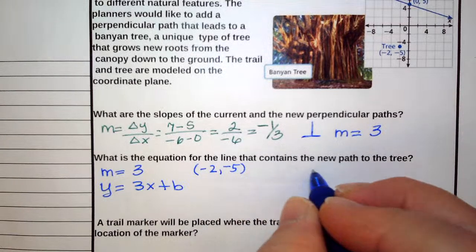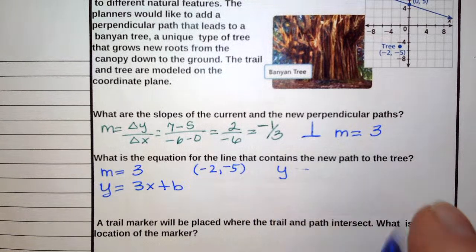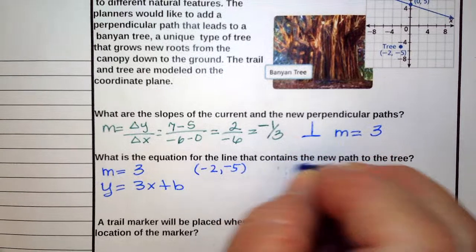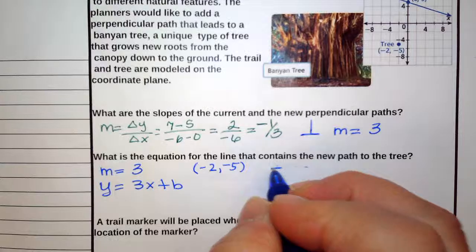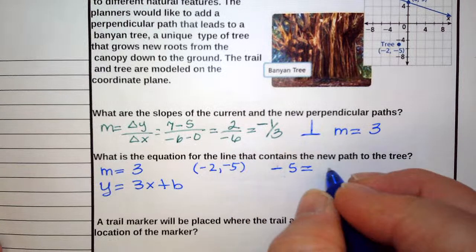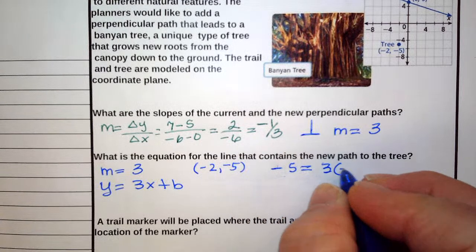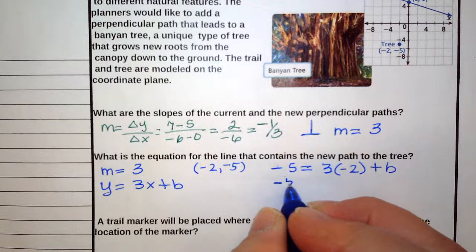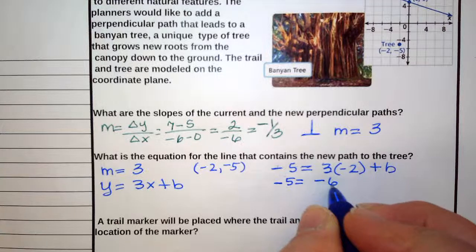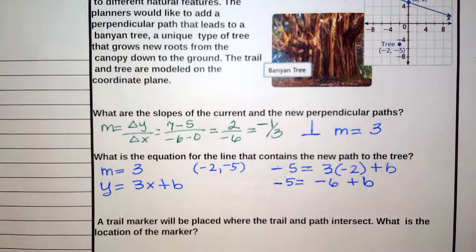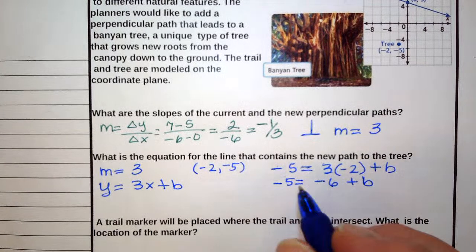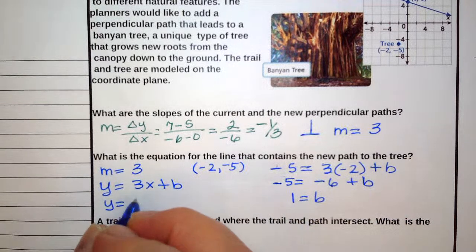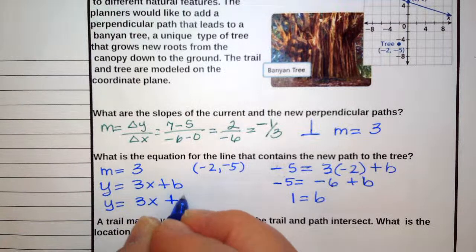So I start with negative 5 equals three times negative 2 plus b. Negative 5 equals negative 6 plus b. I'm going to add 6 to both sides. 1 is equal to b. So y is equal to 3x plus 1.